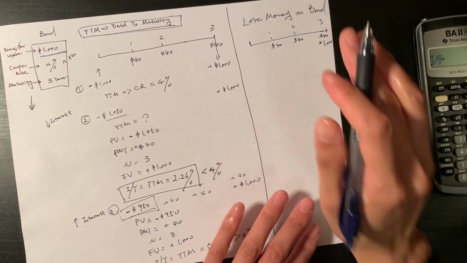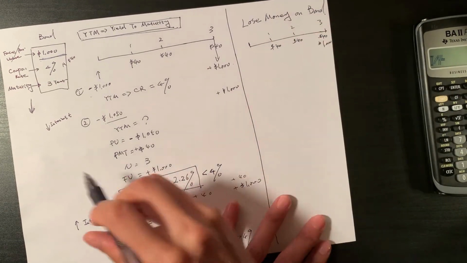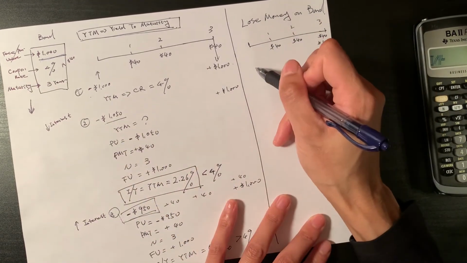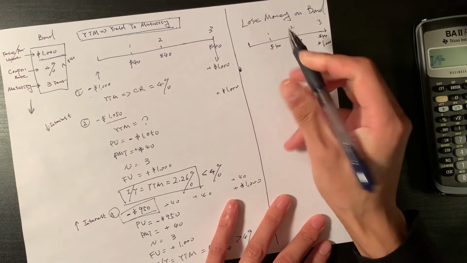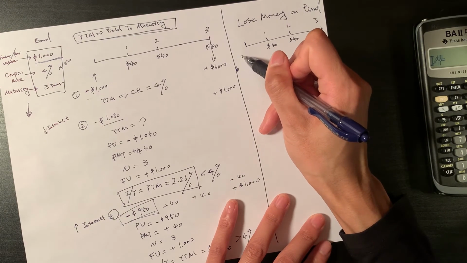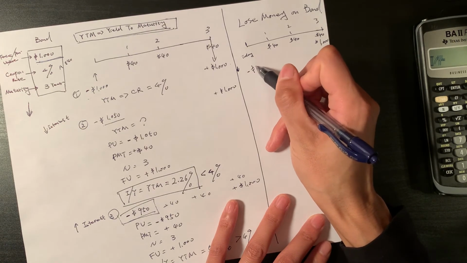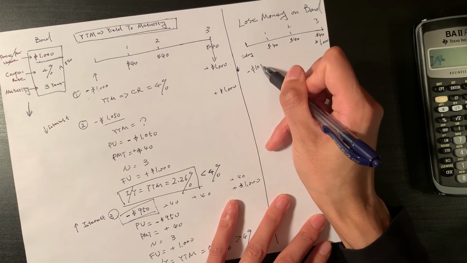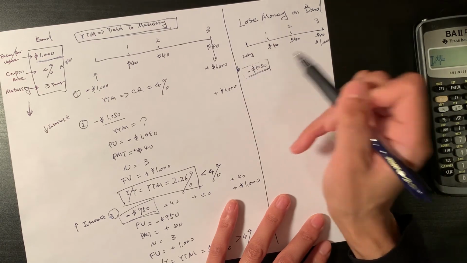The reason you can lose money is that if you don't hold it to maturity, let's say in the second situation, the interest rate dropped, so you have to pay more today. So today you paid $1,050 for these bonds, right?